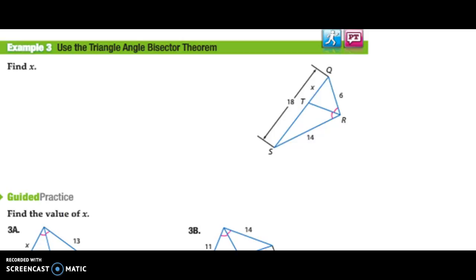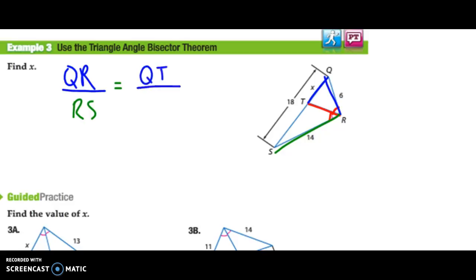So we see that TR is an angle bisector, which means that QR over RS, all right there, QR over RS is going to be proportional to QT over TS.